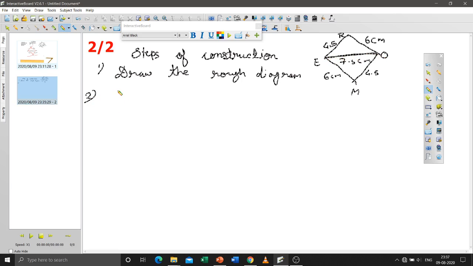Second step: draw the line segment EO equal to 7.5 centimeter.